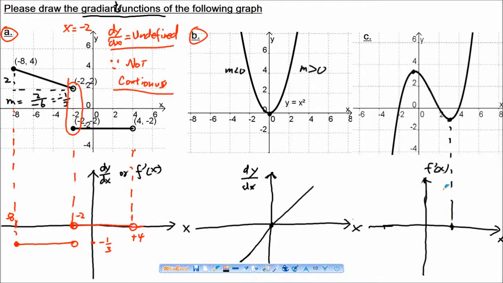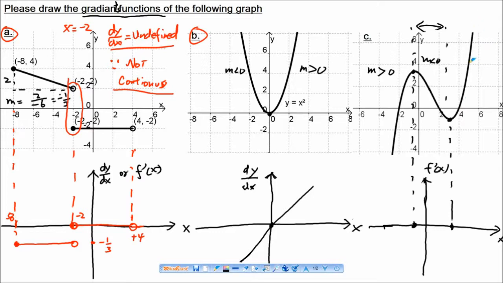At this point, your gradient is 0, also at this point. Now let's look at the left hand part. At the left hand part here, the gradient is greater than 0. In the middle part, the gradient is less than 0, because as x increases, y decreases.